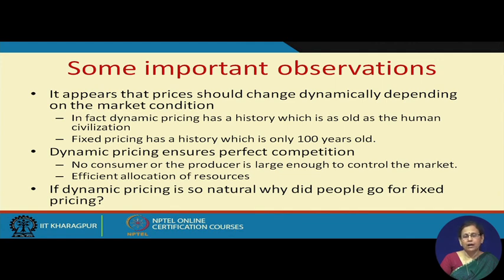However, if we look at history, dynamic pricing, starting from the old barter system, is a very old phenomenon, and it is a result of perfect competition within the market. However, fixed pricing is a very new phenomenon, probably some 100 years old.